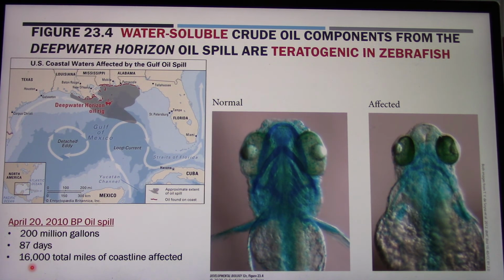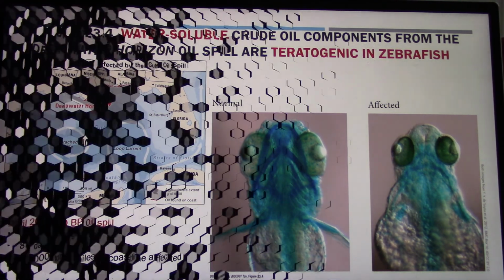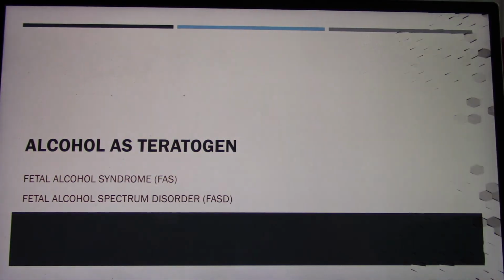I remember it well. And 16,000 total miles of coastline affected. Well, if you don't care about anything else, it affected your economy there because people didn't want to go to the beach. People also didn't want to eat whatever was coming out of that water. So there you go. Food for thought for a person of business mentality.